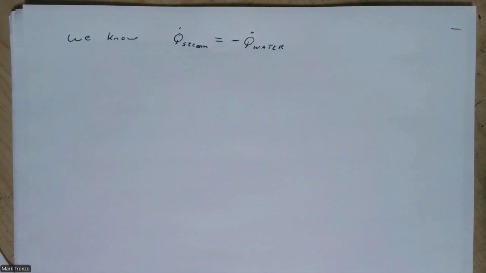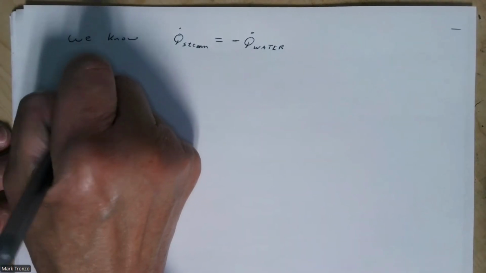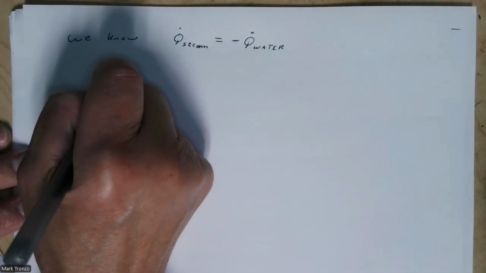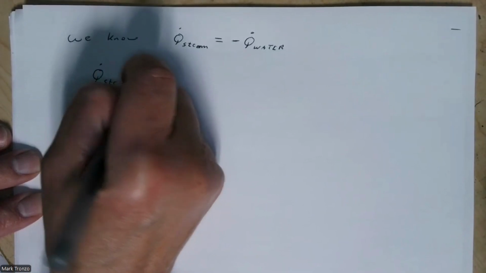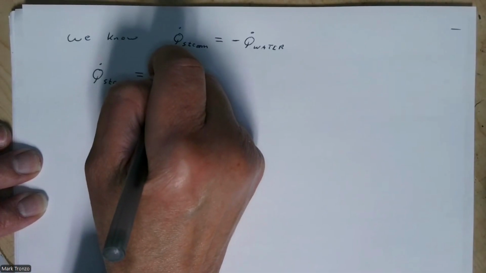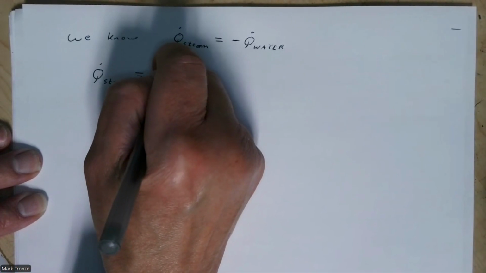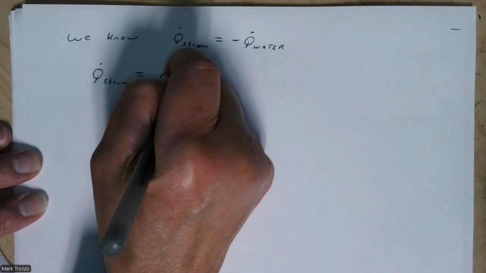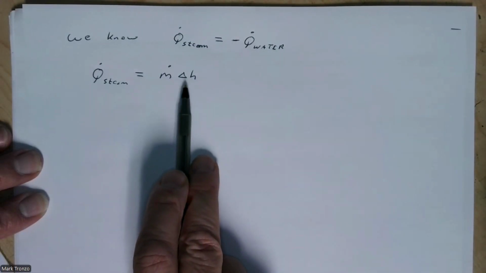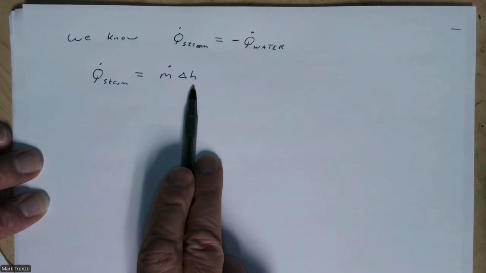And so we can say the Q dot steam is going to be m dot delta H. Now again, for air or water, we could use Cp delta T. But since this is steam, we can't do that.